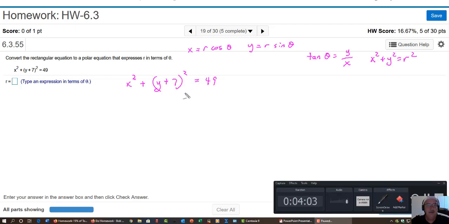All right, for yet another example here, if we have x squared plus (y plus 7) squared equals 49, and we want to write a polar equation for this, I think what I would do first is FOIL that y plus 7, or multiply the binomial square together, (y plus 7) times (y plus 7), which will give us y squared plus 14y plus 49 equals 49 here.